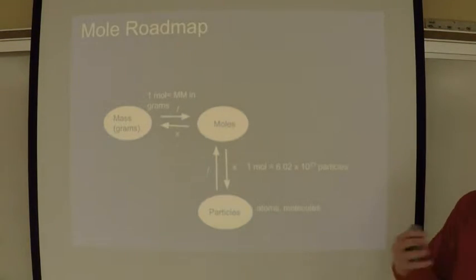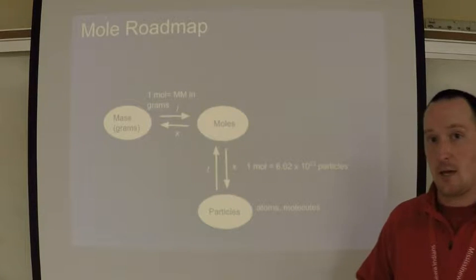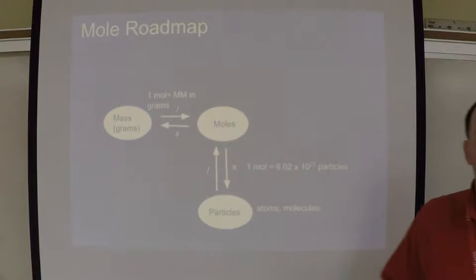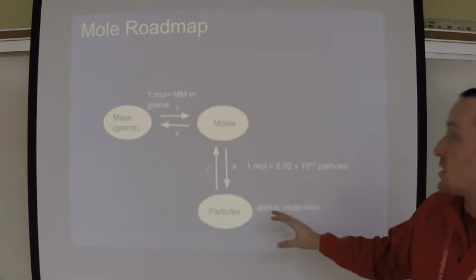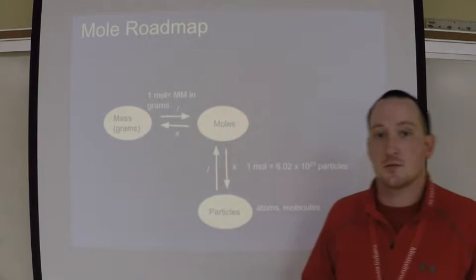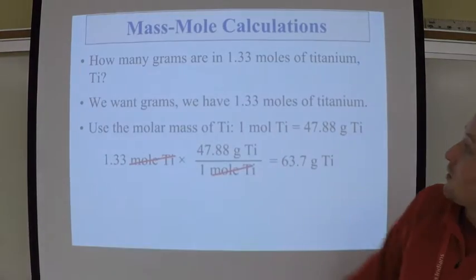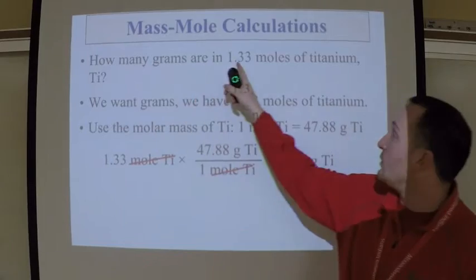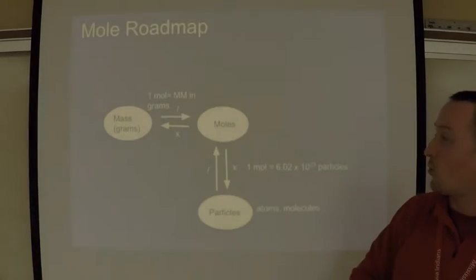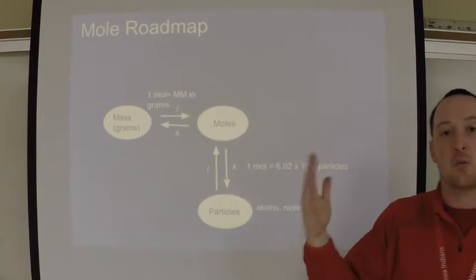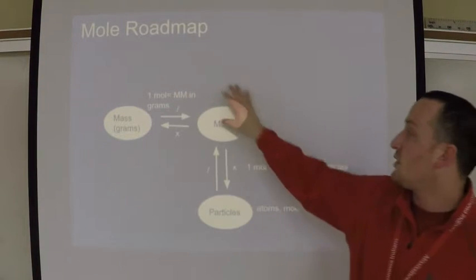So now that we have 2 conversions, what I've done is I've put on your notes page something that I call a mole roadmap. This is going to help you convert between units. So here's what I want you to notice. In the previous problem, it asked for grams and we were given moles. So let's look at our mole map. All that you have to do from this mole map is identify where you are and where you're going. We started in moles.